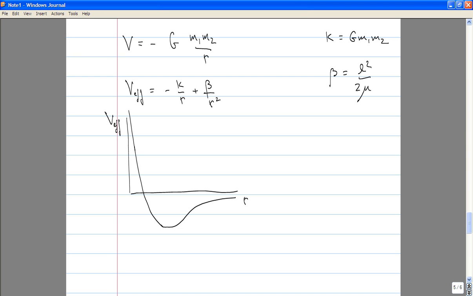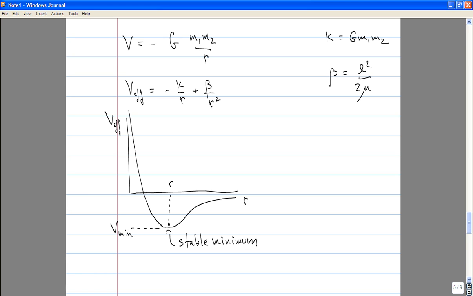So now just by staring at this and thinking of this as a one-dimensional potential, you can immediately understand what the solutions to the equations of motion look like. There is a stable minimum at a particular value of r and a particular value of V, which is negative.